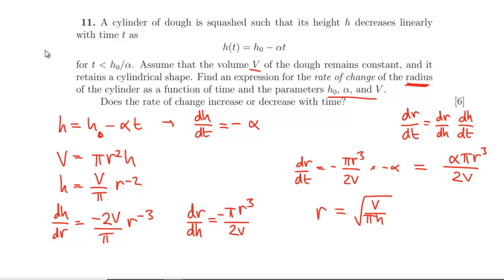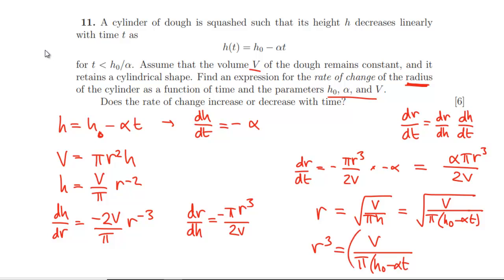And h is h0 minus alpha t, so r is the square root of v over pi (h0 minus alpha t). So r cubed is going to be equal to v over pi (h0 minus alpha t), to the 3 over 2. That seems okay.